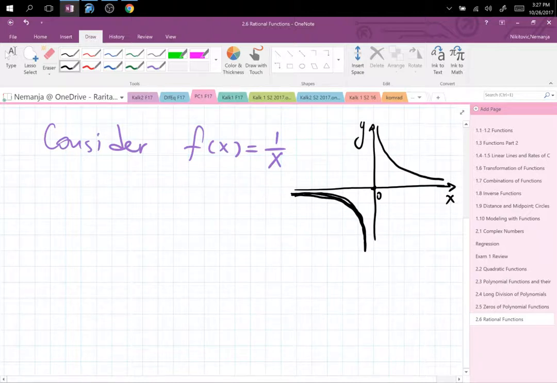It follows these axes and gets ever closer to them without ever crossing.